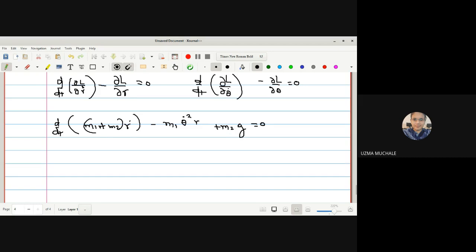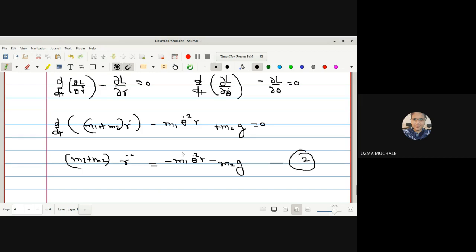Is that correct? Everyone is writing, right? At least you should write down the example. So we get the equation: (m1 plus m2) outside, the derivative is r double dot, equal to m1 theta dot square r minus m2g. Okay, let us name it as equation number 2.